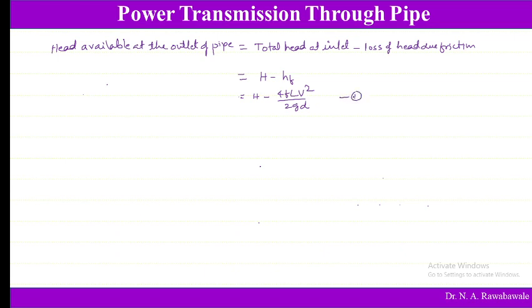Now the power depends on two factors: one is the total head available at the end of pipe, and second is the weight of liquid flowing through the pipe.